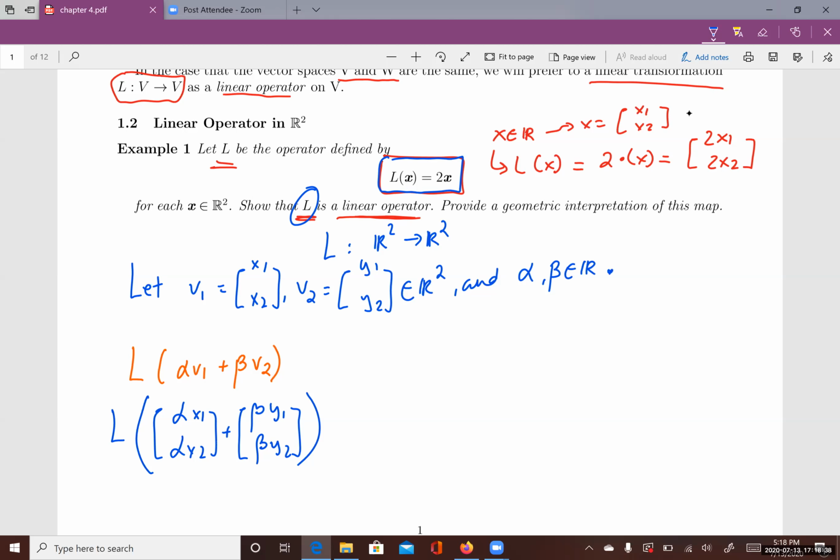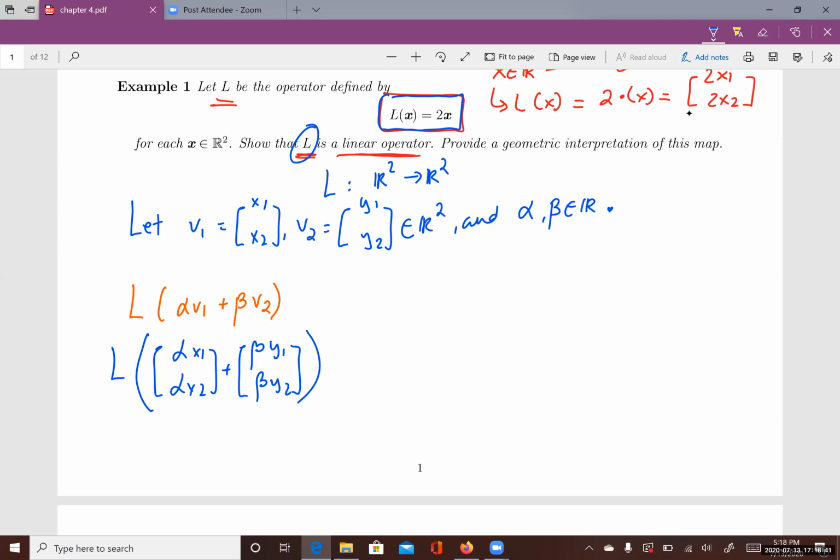Then we have alpha x1 plus beta y1, and so on. So after you apply the map L onto this vector, you get 2 times this vector. So what I get is 2 times alpha x1 plus beta y1 and 2 times alpha x2 plus beta y2. So this is the result vector after you apply this map onto this linear combination.